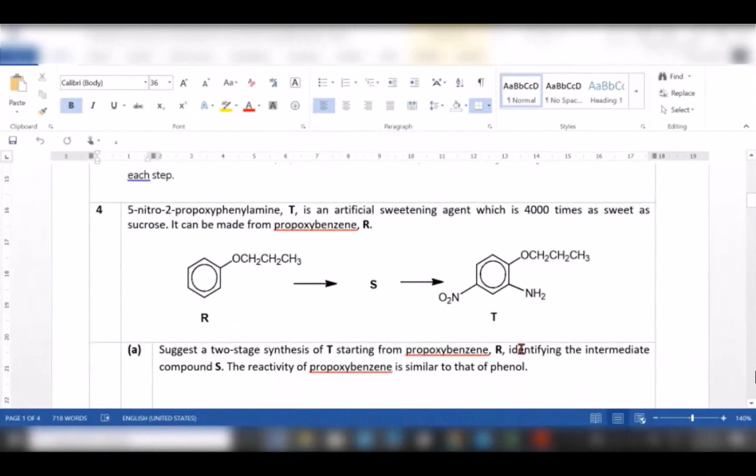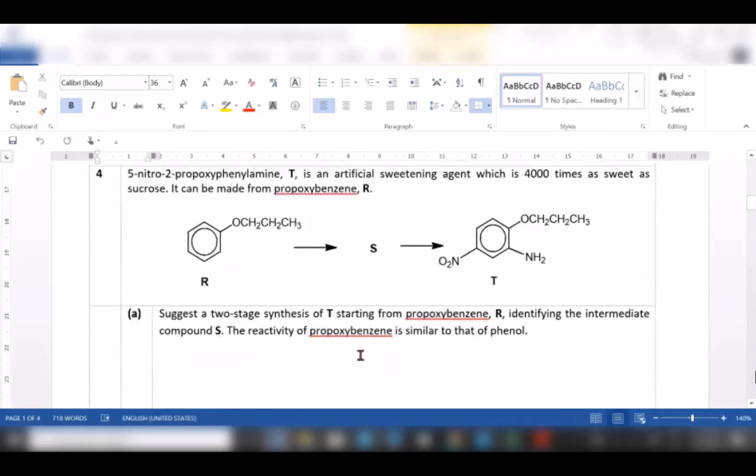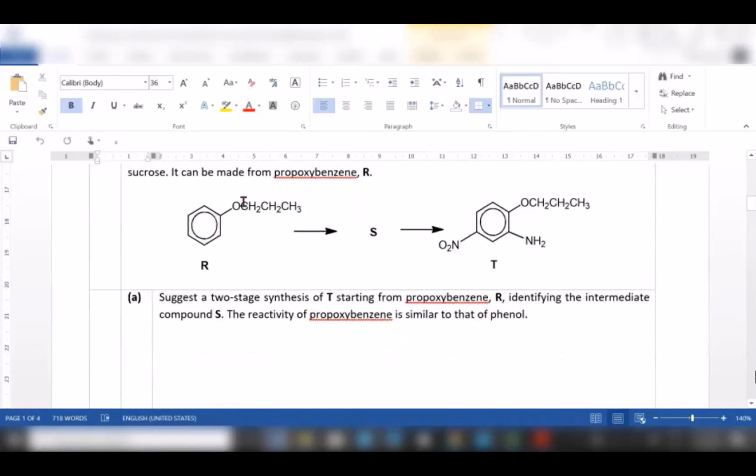For question 4, for this particular question, it's kind of like a synthesis question. But of course, you are given the starting material, you are given the final products, and you are supposed to find out what the intermediate is. You are given this substrate, which is an ether that you are not very familiar with.